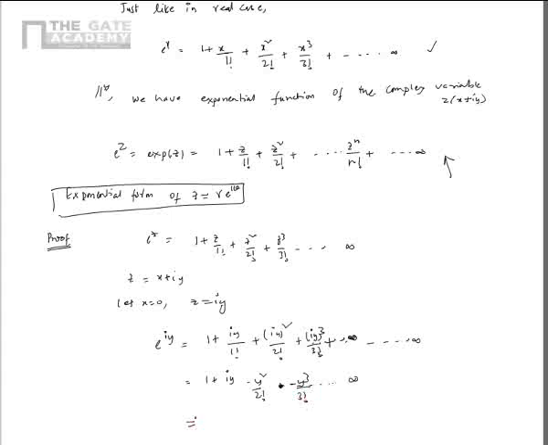So this can be expressed in this form: 1 minus y square by 2 factorial plus so on till infinity, all the real parts together. Similarly, all the i terms together: y minus y cube by 3 factorial plus y power 5 by 5 factorial, and so on. All this I can write. Okay, so let us simplify it further.